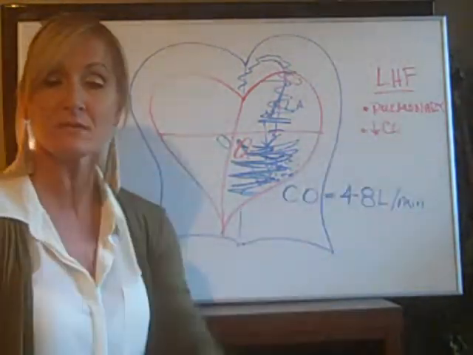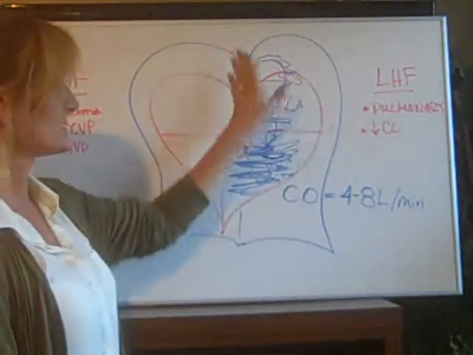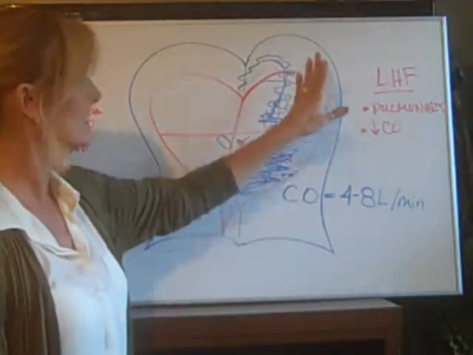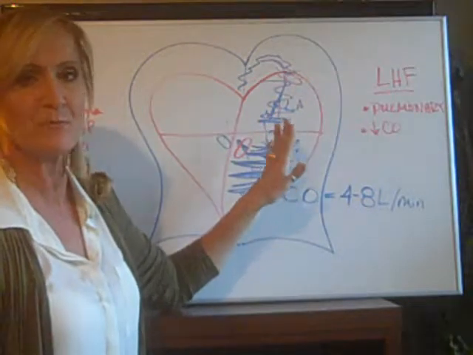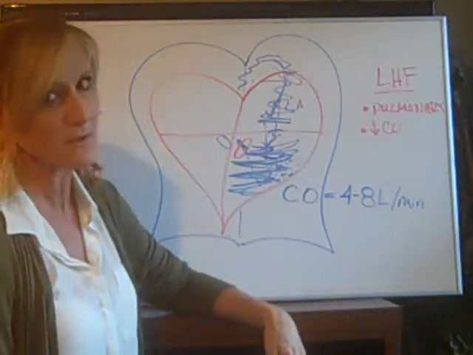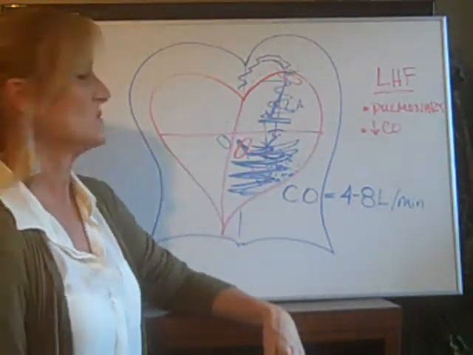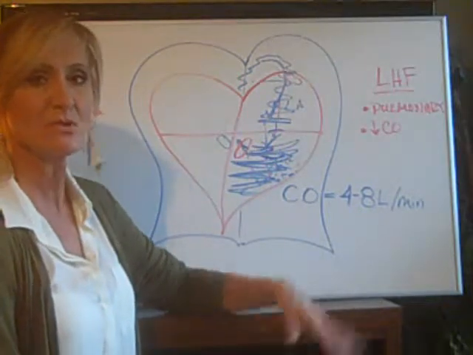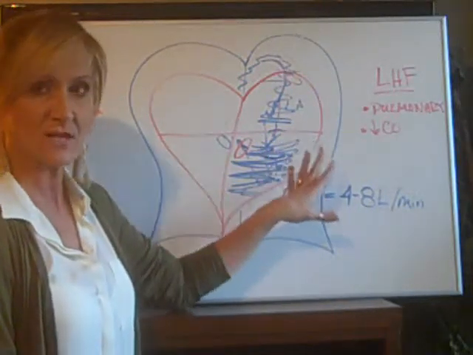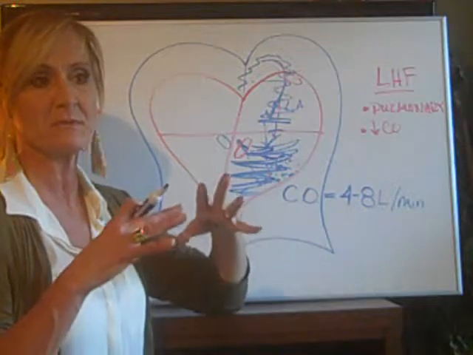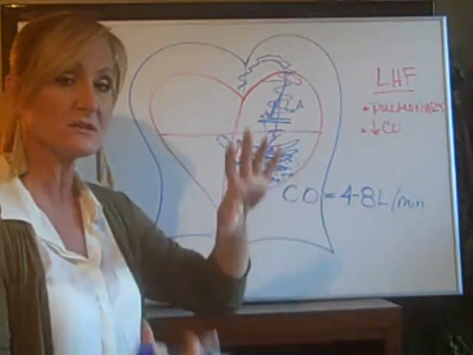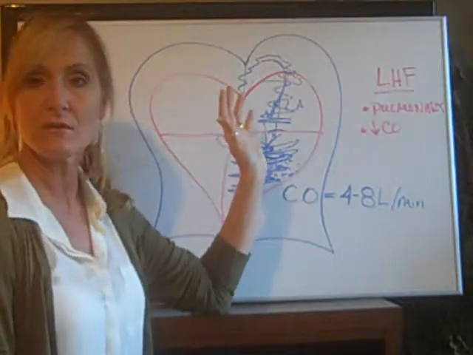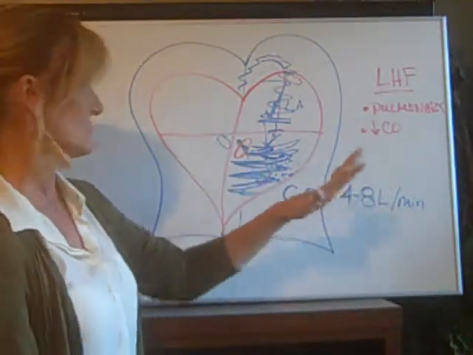Then you're just removing some of that fluid, and you've offset having extra fluid in the system because the system can't accommodate it very well. So that's one thing that you can do, and it's a fairly common treatment for patients who have left-sided heart failure. And I'm going to spend a little bit of time talking about the drugs that we use to treat heart failure because it's important to know.